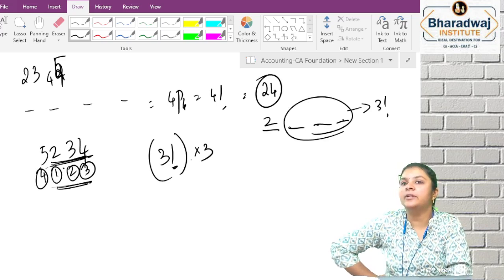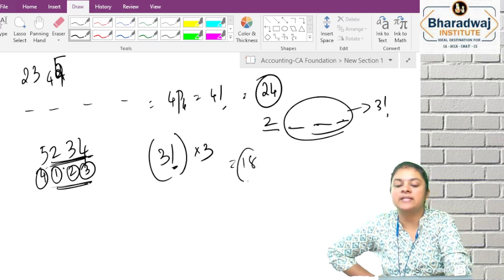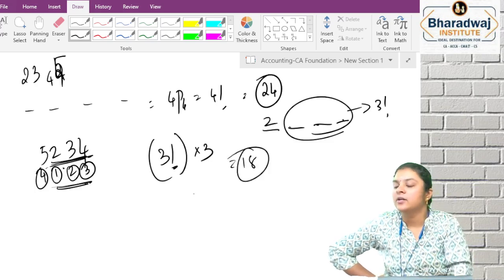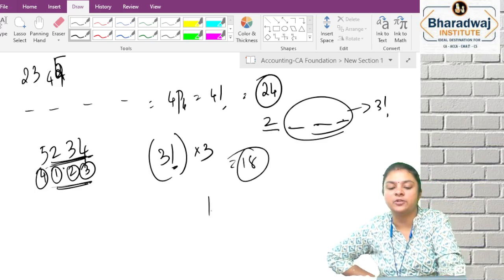How many places are skipped? 18 places gone. So your first positioning is going to start from the 19th place.